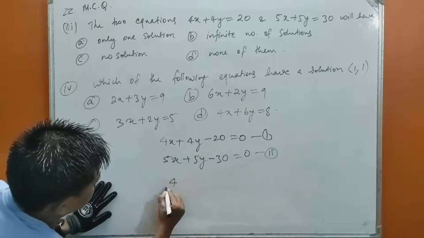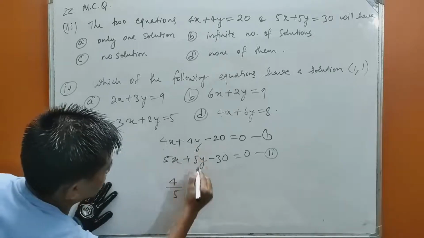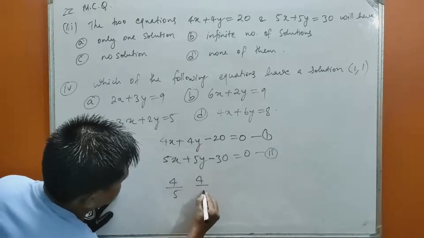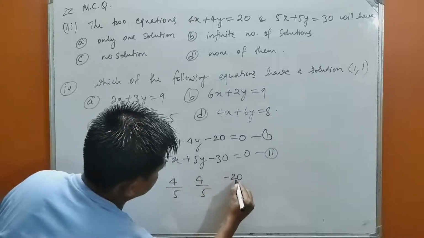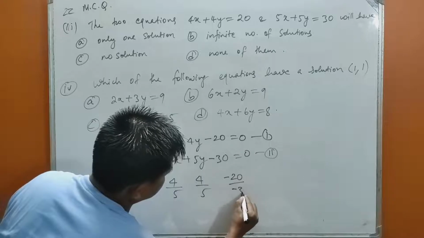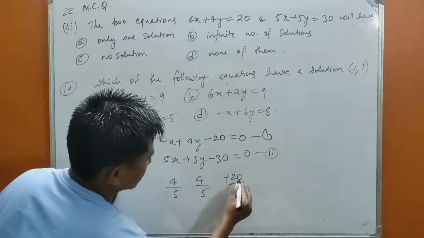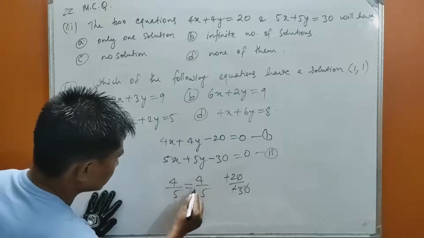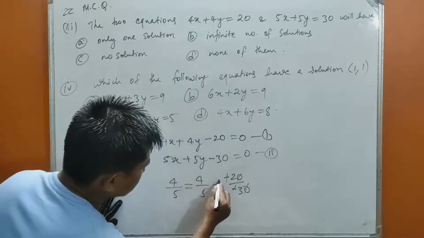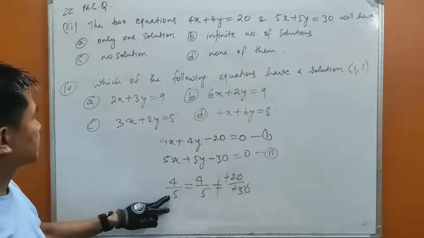Now let us see A1 by A2. A1 is 4, A2 is 5, B1 is 4, B2 is 5, isn't it? C1 is minus 20 and C2 is minus 30. So minus and minus can be cancelled, 0 and 0 can be cancelled. So 4 by 5 equal to 4 by 5, but not equal to 2 by 3, isn't it? So this means no solution.